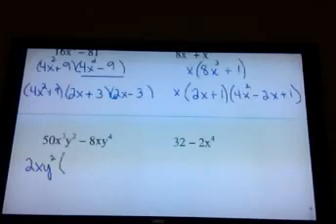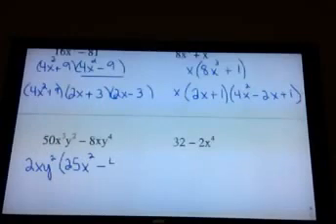And I divide. 2 into 50 is 25. X into x to the third is x squared. Y squareds cancel. Minus 2 into 8 is 4. X into x cancels. And y squared into y to the fourth leaves me y squared.